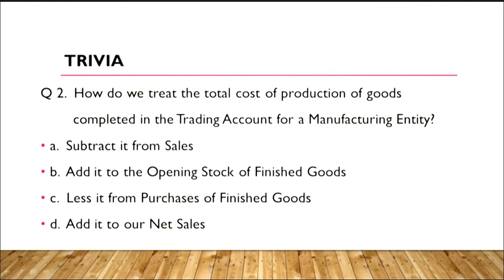Do we A, subtract it from sales, B, add it to the opening stock of finished goods, C, less it from purchases of finished goods, D, add it to our net sales? Your thinking cap is on. Answer will come shortly.